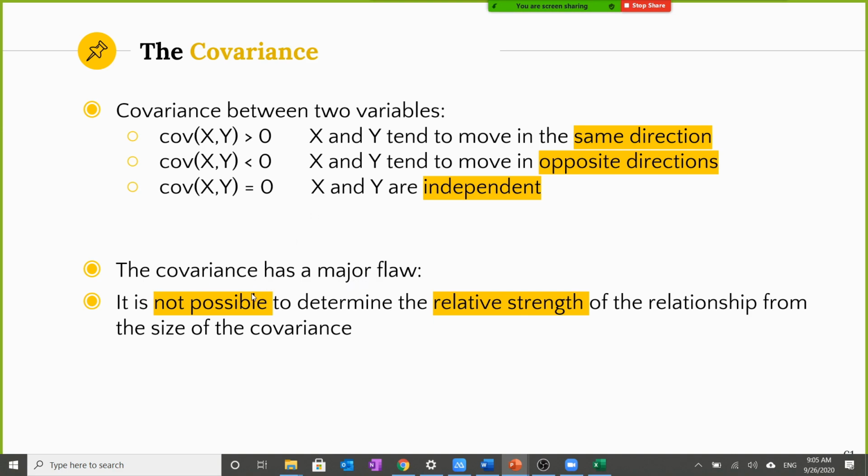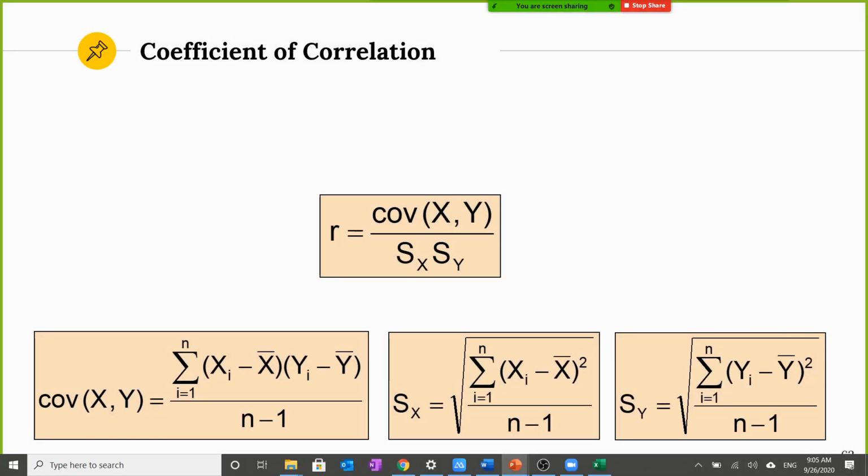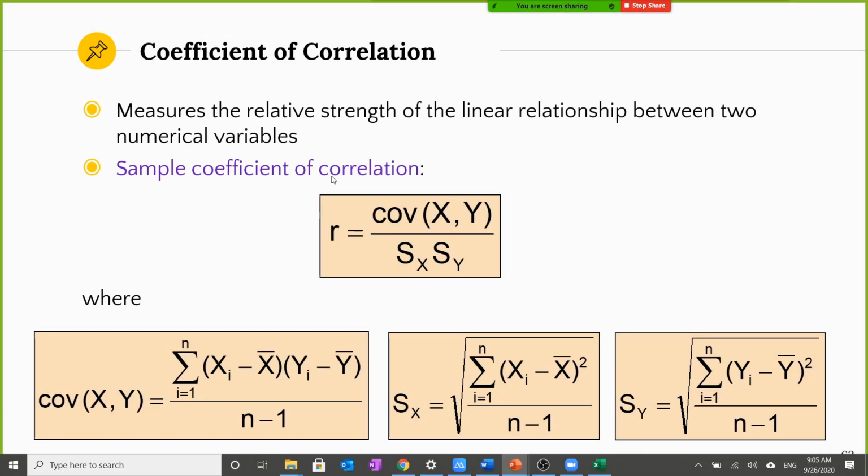So it's not possible to determine the relative strength. If you have a covariance of 3000, it means nothing by itself. So you need to compare it to the standard deviation to know the strength. The formula will be like this. You already have the formula for the standard deviation, but in this case we also need to calculate the standard deviation for the x variable and for the y variable.